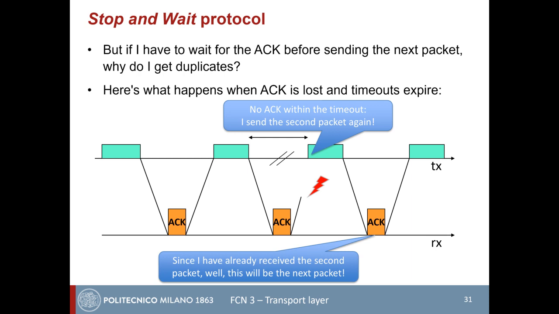And this is a problem because in this way you generate a duplication. The packet will be sent to the upper layers, and then the next packet will be sent to the upper layers, but it is a replica of the same packet. So this is why you need to number the packets and also the ARQs.